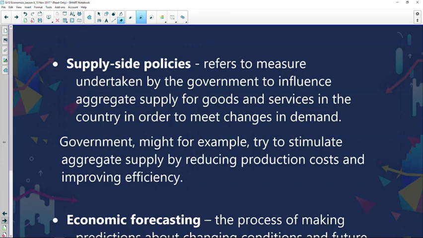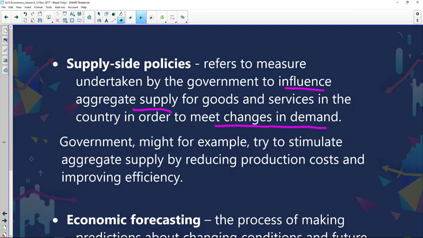We also spoke about the supply side policies, which refer to a measure taken or undertaken by the government to influence the aggregate supply. Remember, with the demand side policies, the government tries to influence the aggregate demand, but here they are trying to influence the aggregate supply for goods and services in the country in order to meet the changes in demand, okay?